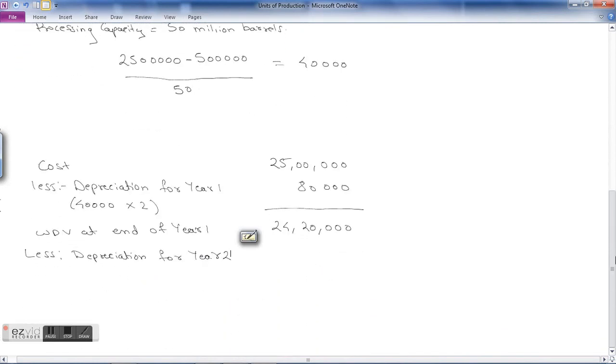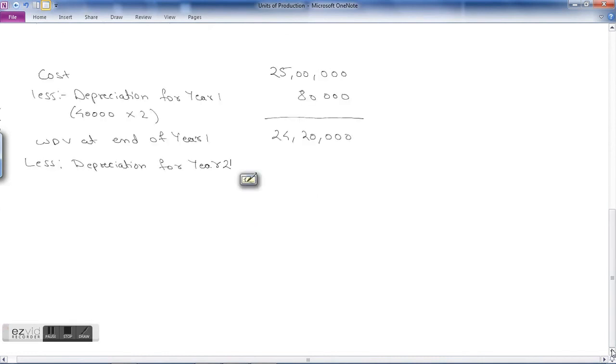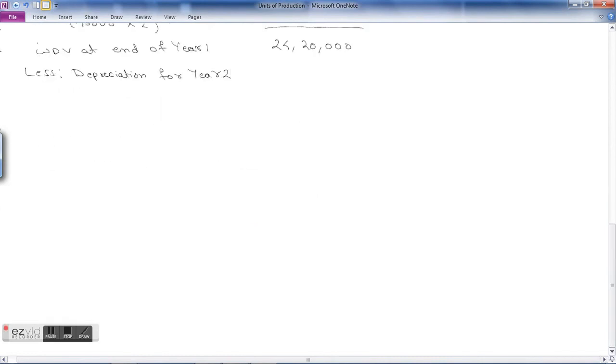So for 3 million barrels it will be 40,000 into 3, that comes to 1,20,000. Then WDV at the end of year 2 is 23 lakhs, right?